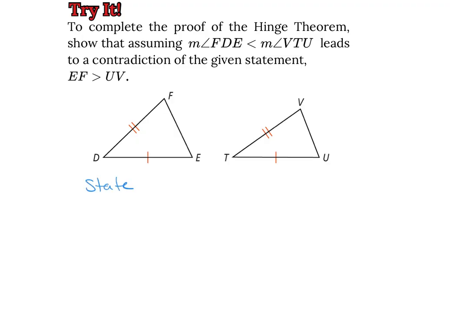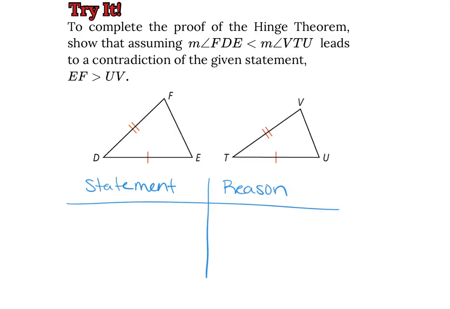Do another proof. Okay, so we're trying to prove that we lead to a contradiction that EF is greater than UV. So we're going to start with our assumption that EF is equal to UV.